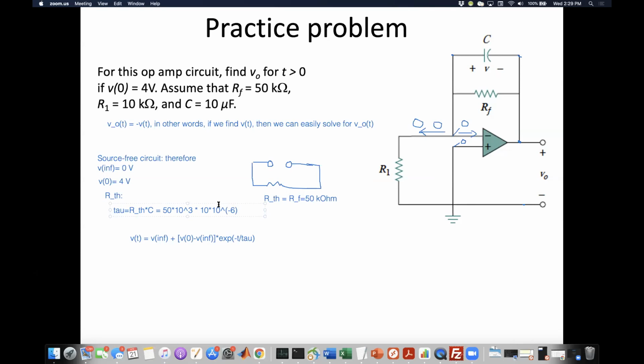I don't think I've ever put a first order op amp circuit on an exam, but you will need a calculator for some of the other calculations. So that becomes, let's see, half a second. It's 500 over 1,000, so half a second.